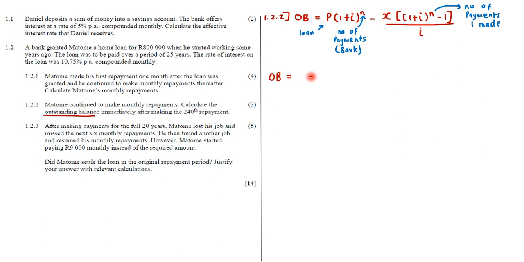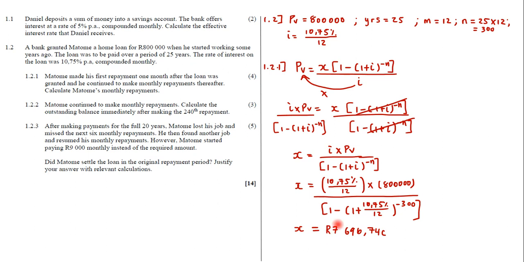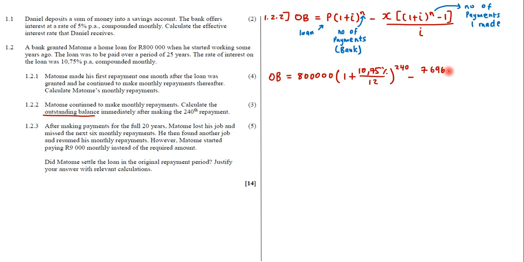So basically now the outstanding balance will be, in this case, the bank gave us 800,000 rands, 1 plus the interest, which didn't change, over 12, right? And then the number of payments that the bank expects we should have made by now is 240, right? Now notice that I'm saying we, because I'm trying to make it as if I'm in this scenario. Here the payments that we're making are 7,696.74.